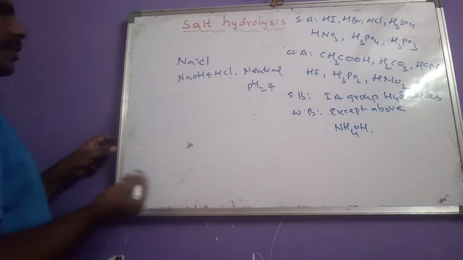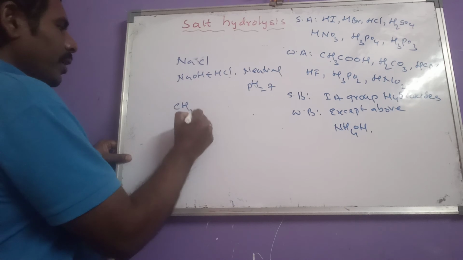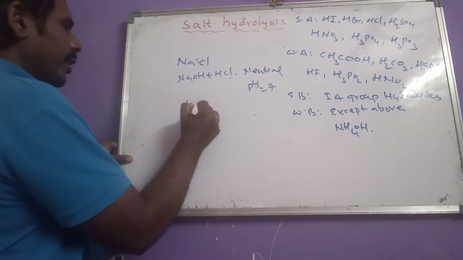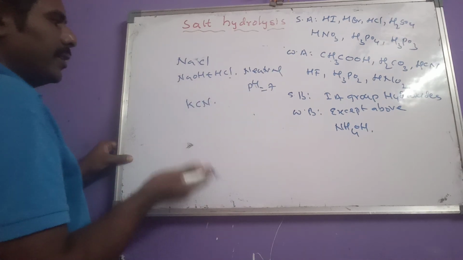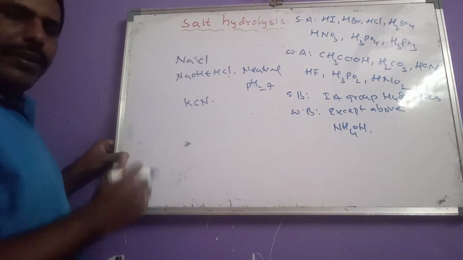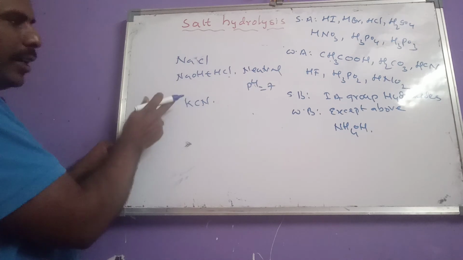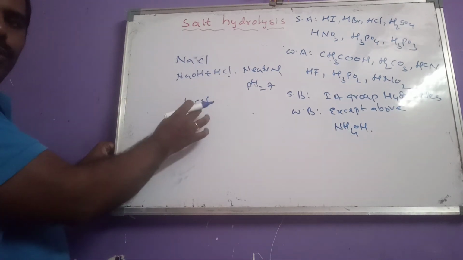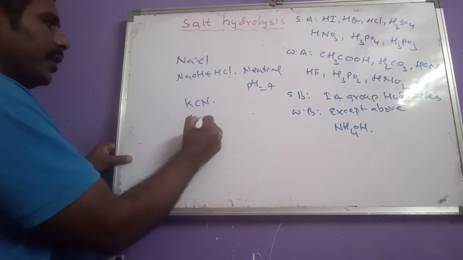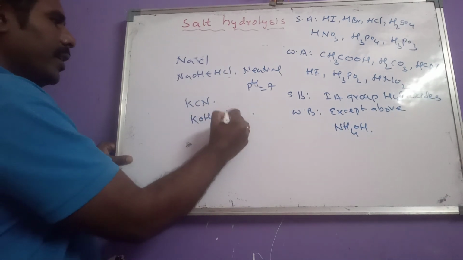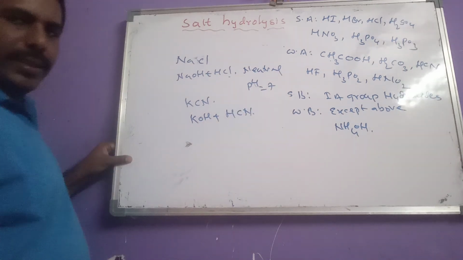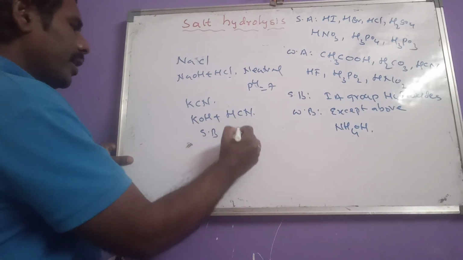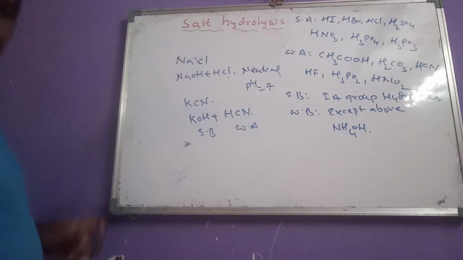Now come to another example here. I can give another example here, KCN. Let us see what is the nature of this aqueous solution. We have to observe the background powers, means which acid and which base produced this KCN. What are those background forces here? KOH and HCN. We know that KOH is a strong base, HCN is a weak acid.